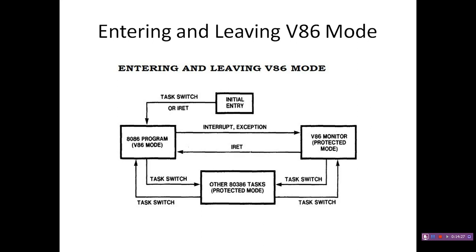Therefore, while loading the segment registers from the TSS, the processor forms base addresses the same as the 8086 microprocessor. Second, an IRET from a procedure of an 8086 task loads the image of flags from the stack. A value of 1 in the VM bit in this case indicates that the procedure to which control is being returned is an 8086 procedure.